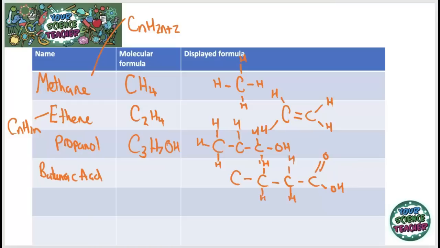Then all I've got to do at the end is count the number of hydrogens, oxygens and carbons, and in total I have C4, I have H, 1, 2, 3, 4, 5, 6, 7, 8, and I have O2. And that's fine to leave your molecular formula just like that.